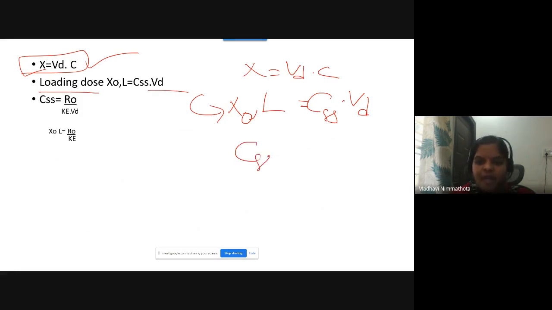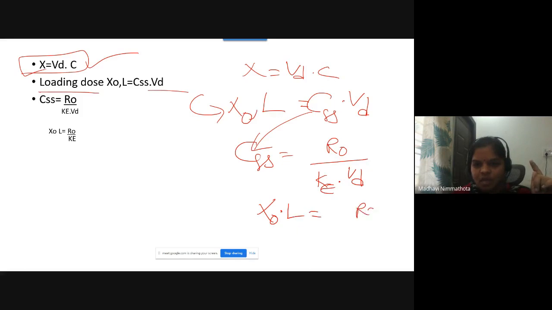Then you can write CSS equals R0 by KE into VD. Why does R0 come here? From the IV infusion equation you get CSS equals R0 by KE into VD. Then X naught,L equals R0 by KE into VD.